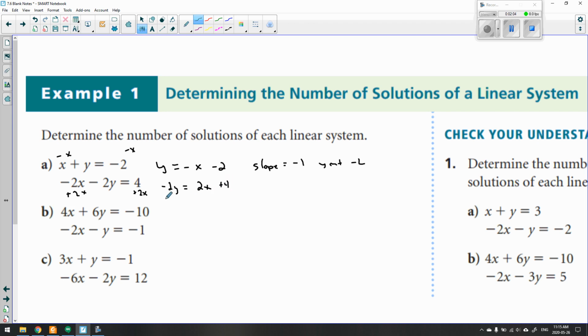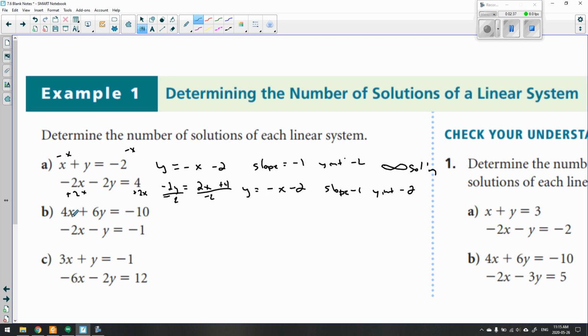We're going to divide both sides by negative 2. We get y is equal to negative x minus 2. So again, slope negative 1, y-intercept negative 2. So they have the same slope, they have the same y-intercept, so we're going to have an infinite number of solutions.